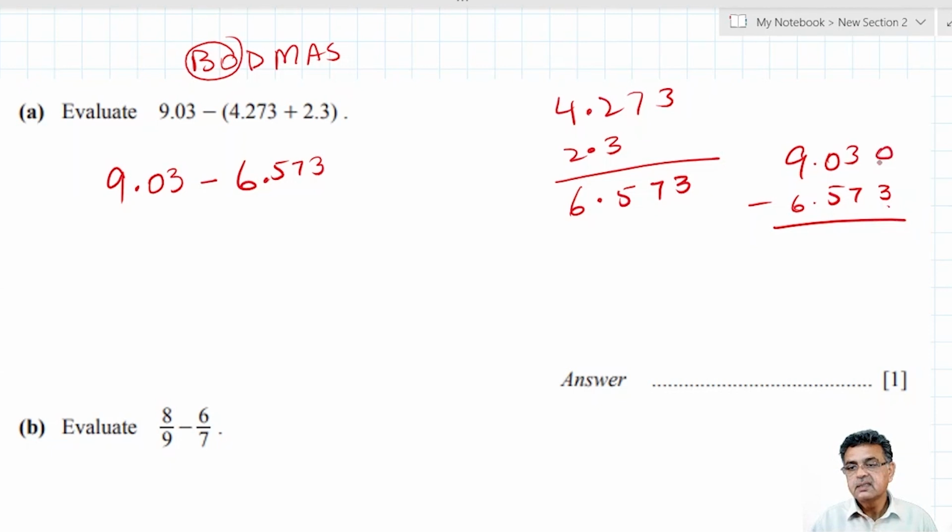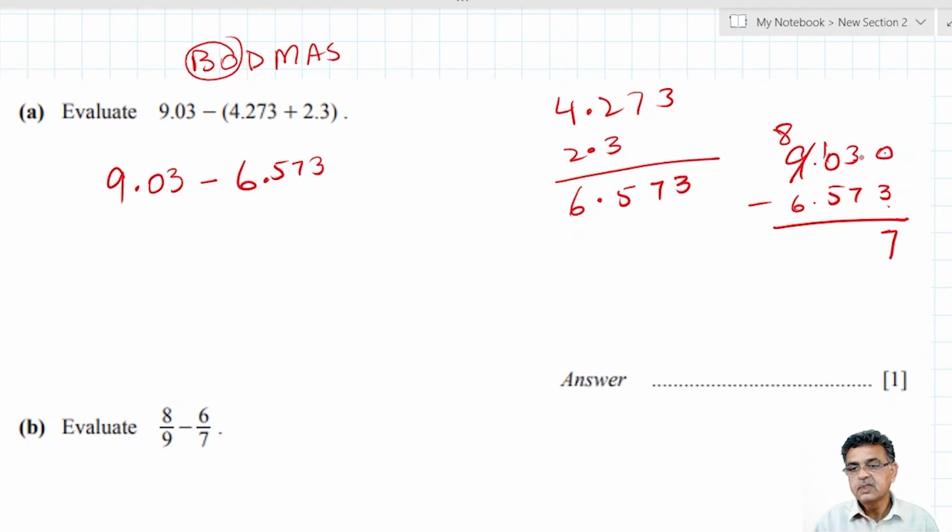There is nothing here. We borrow 1 from 3, then it will be 10. 10 minus 3, that is 7. Now we have 2 over here, then here it is 0. We cannot borrow from 0. So before borrowing, we borrow 1 from here, which will become 10.